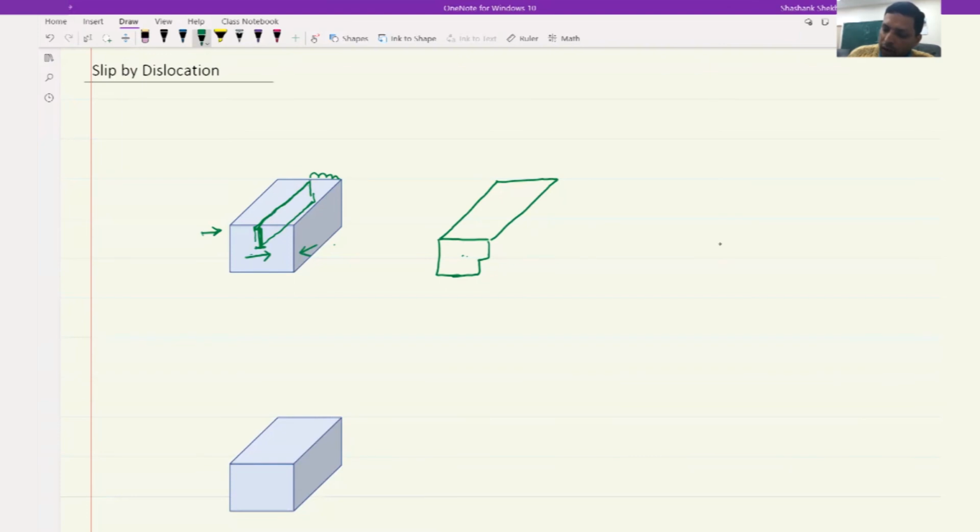Let me refine my drawing a little bit. This is how it will look, and a step equal to the Burgers vector has been formed over here. So this is in the case of edge dislocation.